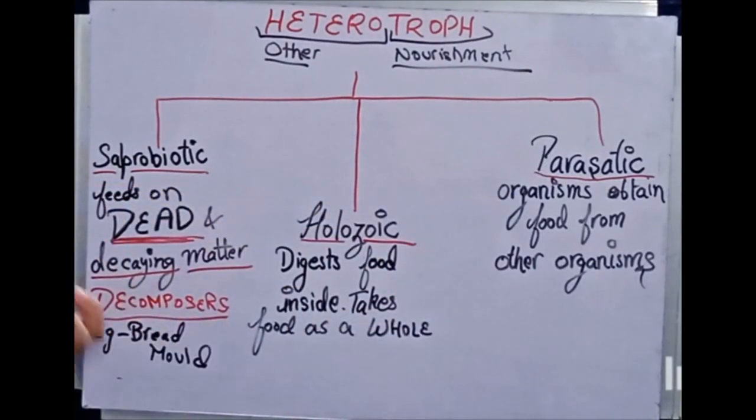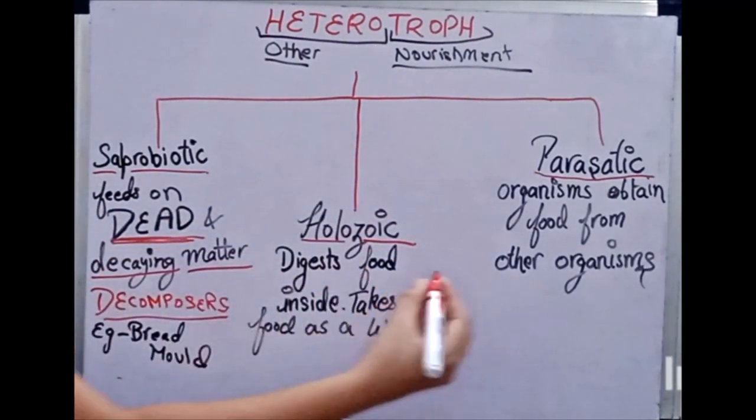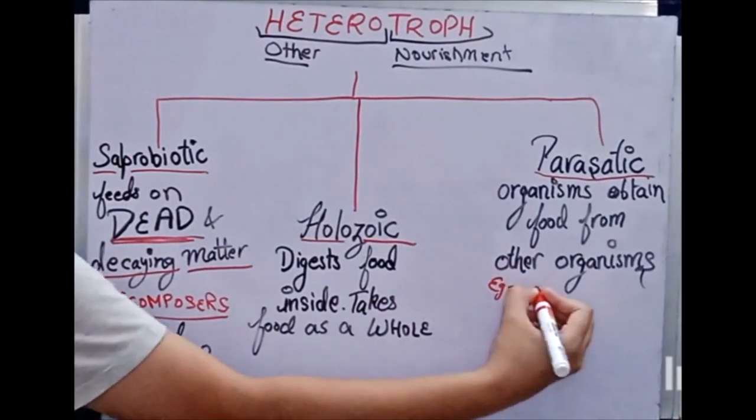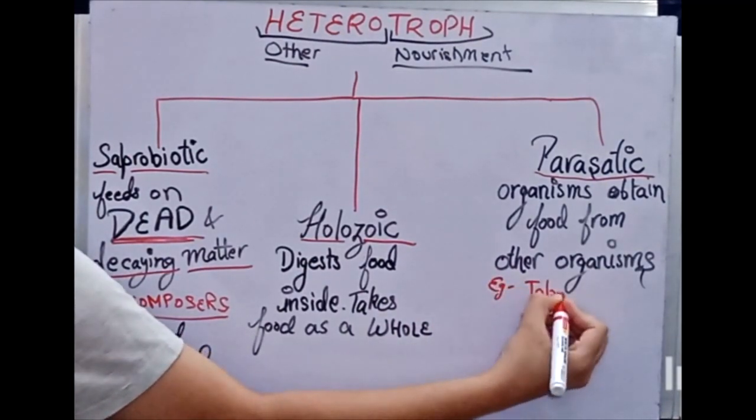Amarbel, Ascaris, right? These are a few names which are parasites in nature. Leeches, the tapeworms. These all are examples of parasites. Let me just write up here. Example, tapeworms.